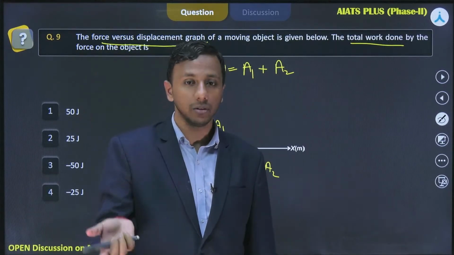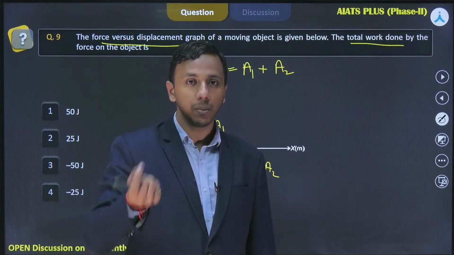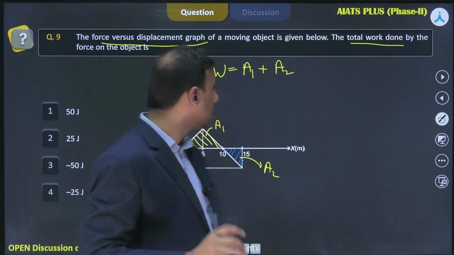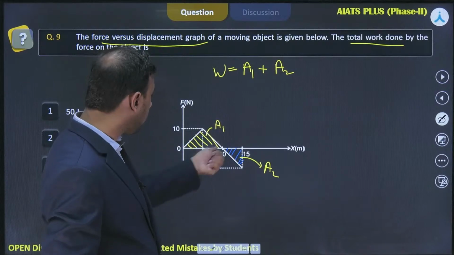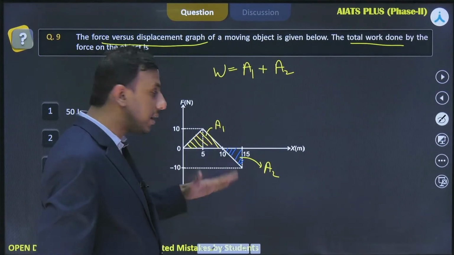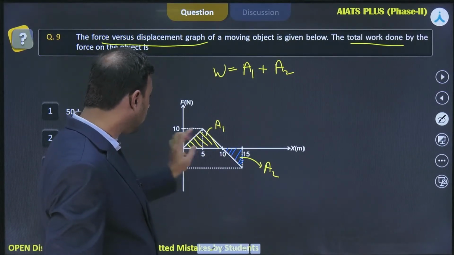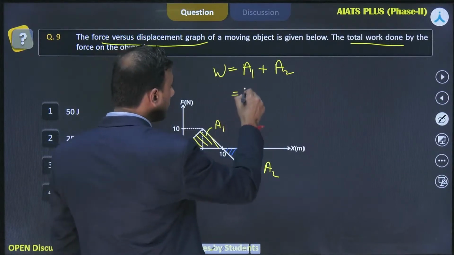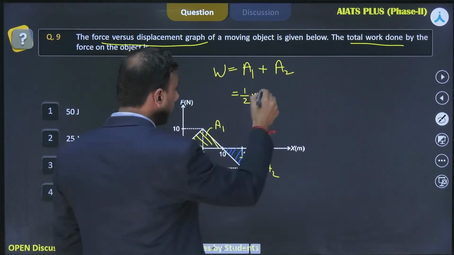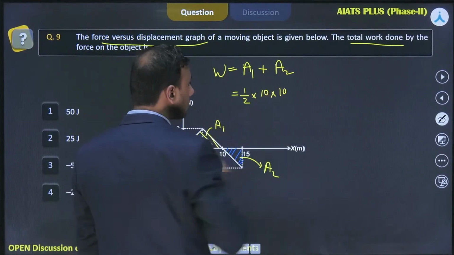Work done can be positive and negative. Potential energy can be positive and negative. Kinetic energy can't be. So what is the area of this triangle? Half into base into height. Base is 10, height is 10. So half into base is 10, height is 10.